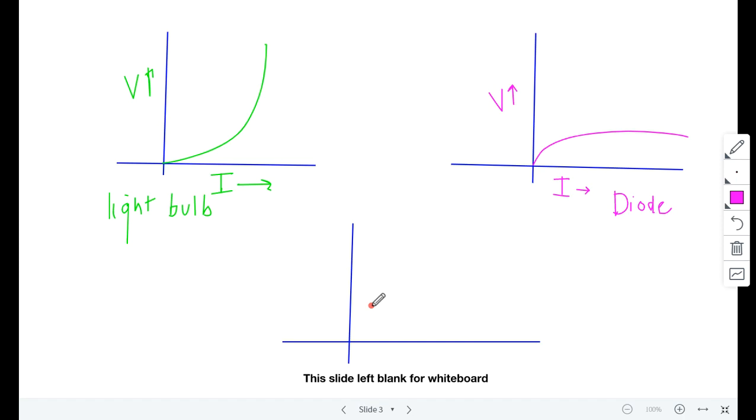Generally diodes are used in electronic items, for example in LEDs and in television screens like LCDs. LEDs are light emitting diodes.